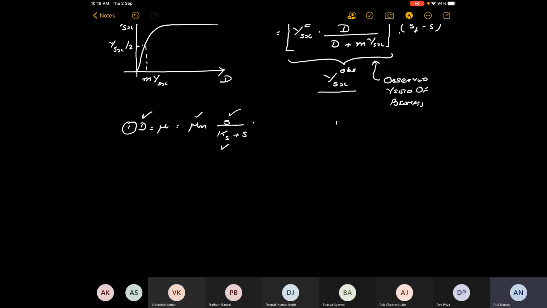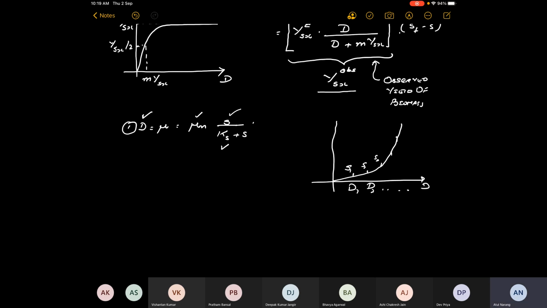This is D and this is S going up. I'm measuring it at various values, D1, D2, so on and so forth, and these are the corresponding values S1, S2, S3, and S4.